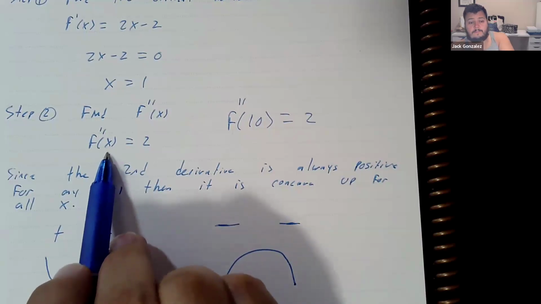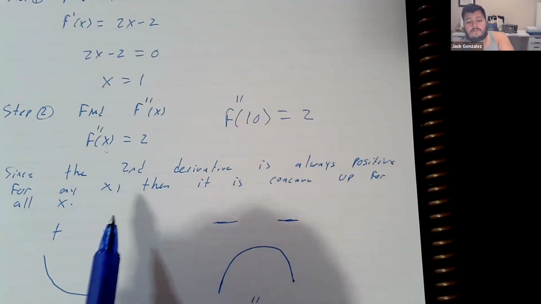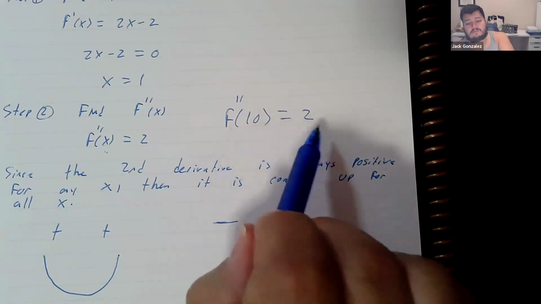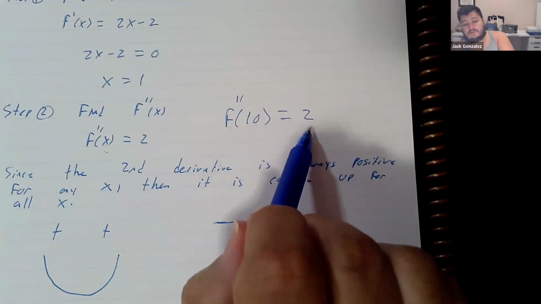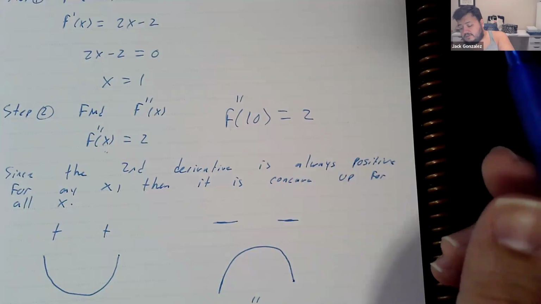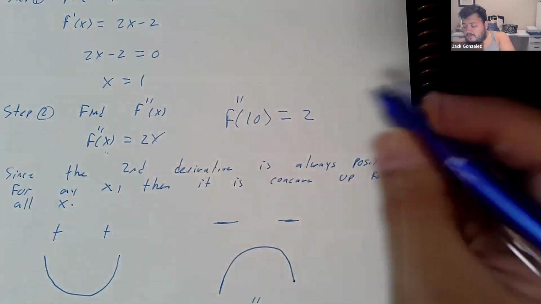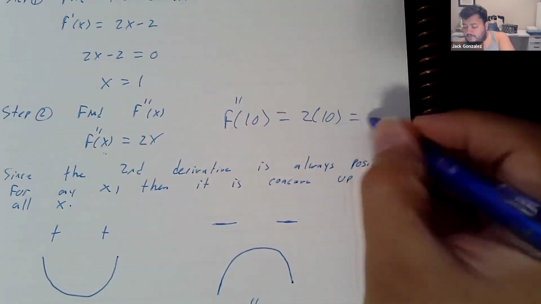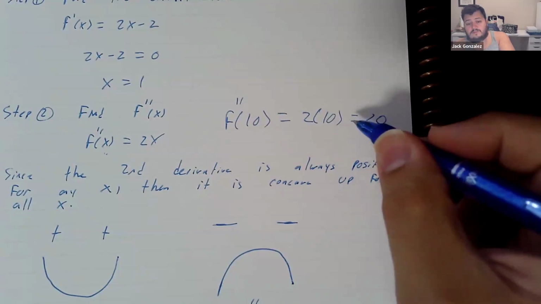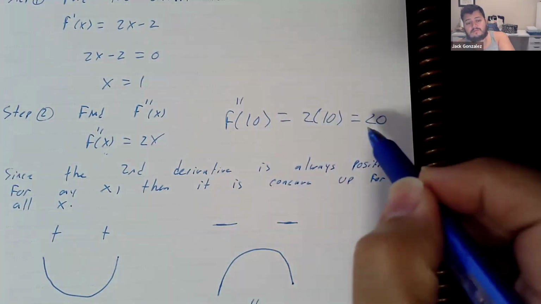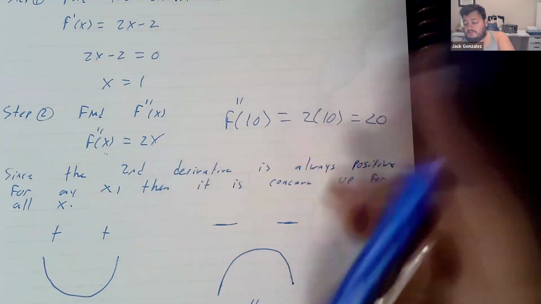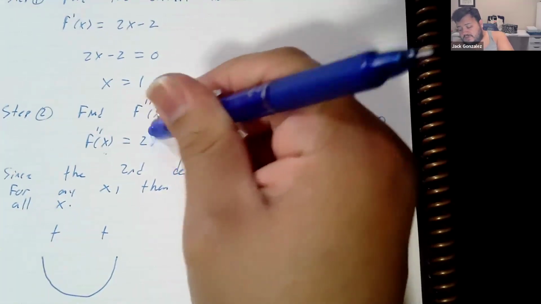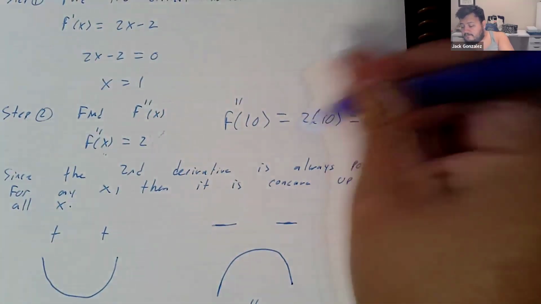It's a constant. So that means I'm concave up because this is positive. But let's say it was a more interesting question, like this was 2x, then I would plug in the number and get 20. Then this would tell me that at 10, I'm positive, therefore concave up. But since I don't have an x, it's always concave up.